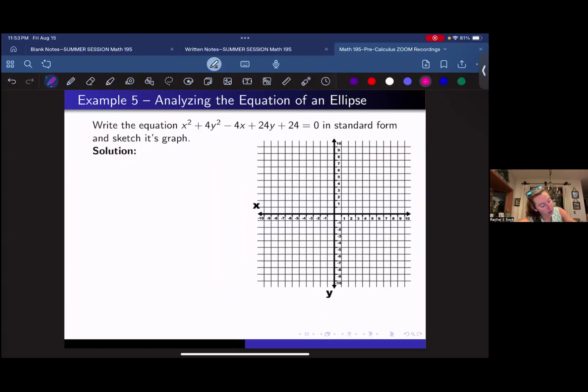And then I'm going to write out my equation, and I'm actually going to pair my x's together. So we have our x squared minus 4x, and I'm going to leave a little space, and then we have our plus 4y squared plus 24y, and then I'm going to bring that 24 over to the other side.